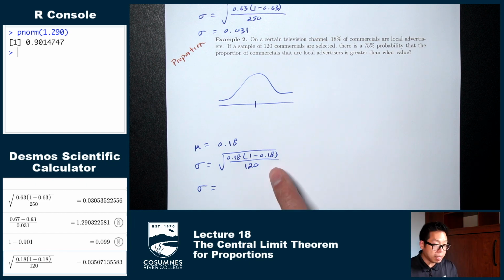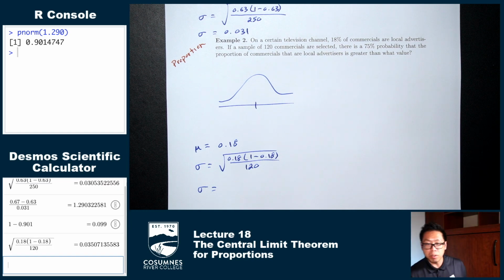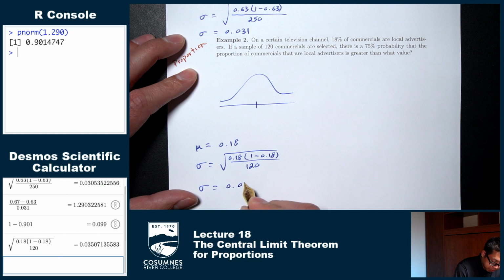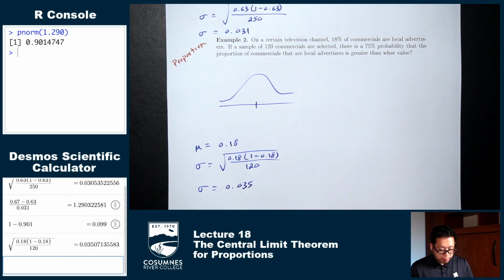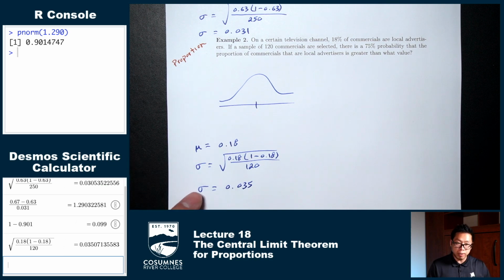Make sure that the entire fraction is inside the square root. And I get 0.035. Okay, so for the rest of this question, the mean we're going to use is 0.18, the standard deviation 0.035.